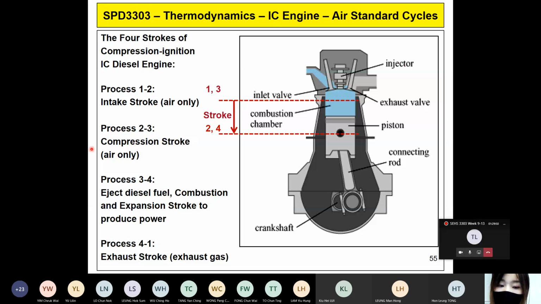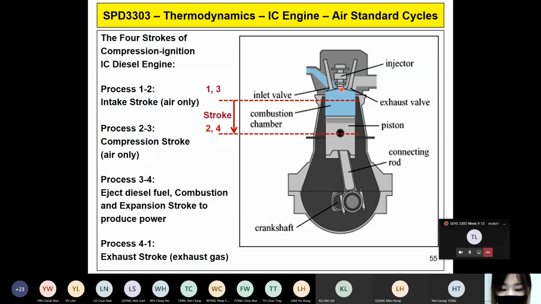Towards the end of the compression stroke, the diesel fuel can start the self-ignition to initiate the combustion. That's the major difference between the gasoline engine and the diesel engine.